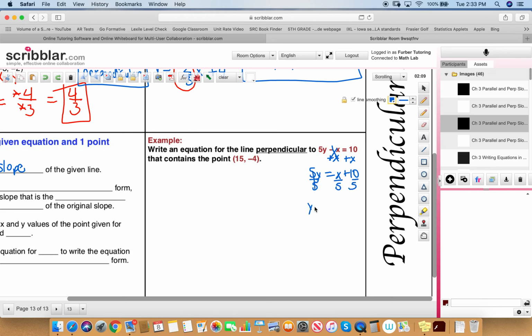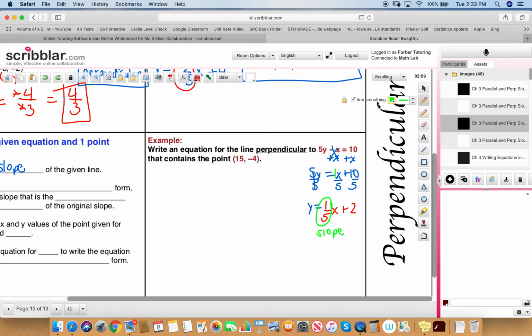So when I do that, remember that this x really has a 1 in front of it. That means that the slope is 1/5 x, and then I have plus 2. All I really care about, though, is this part. That's the slope of the given line.